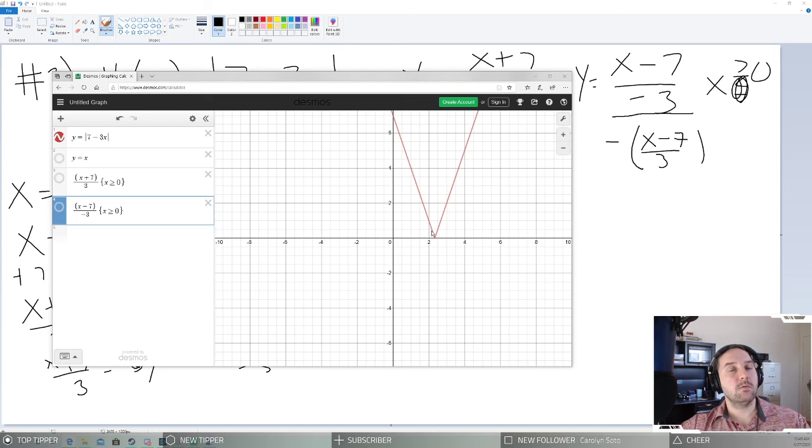Well, when we do inverses, you take the domain and range and we switch them. So if I know that in the original y is greater than or equal to 0, and I'm switching my domain and range, then my range becomes my domain, so I know that my x has to be greater than or equal to 0.